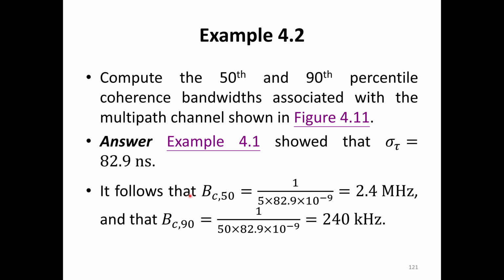It follows that BC50 is equal to 1 over 5 times sigma tau, which is equal to 1 over 5 times 82.9 times 10 to the power of negative 9, because 1 nanosecond is equal to 10 to the power of negative 9 second.